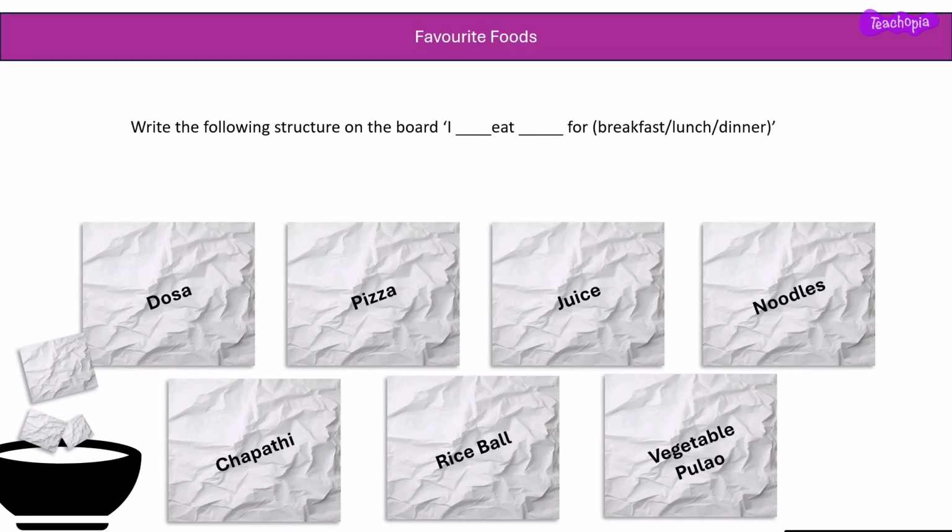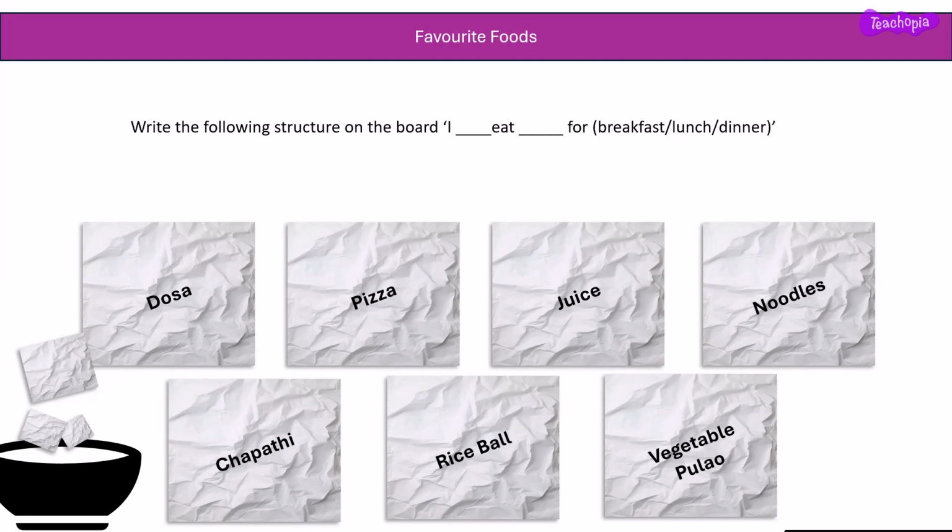Once the child has selected the item, for example, if any child selected pizza, then we have to ask the child to fill in the blank, whatever we have given, using the food item they selected. For example, I dash eat dash for breakfast or lunch or dinner.